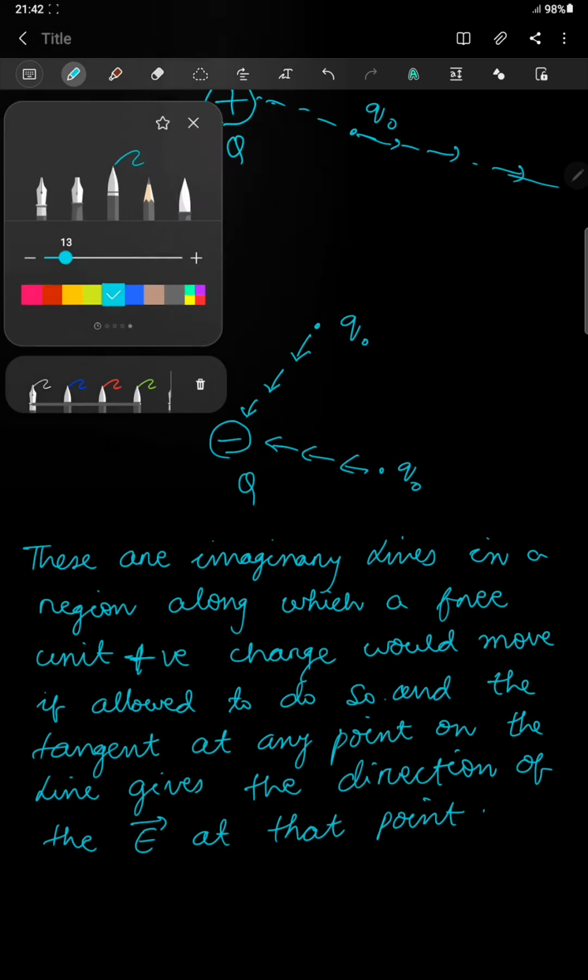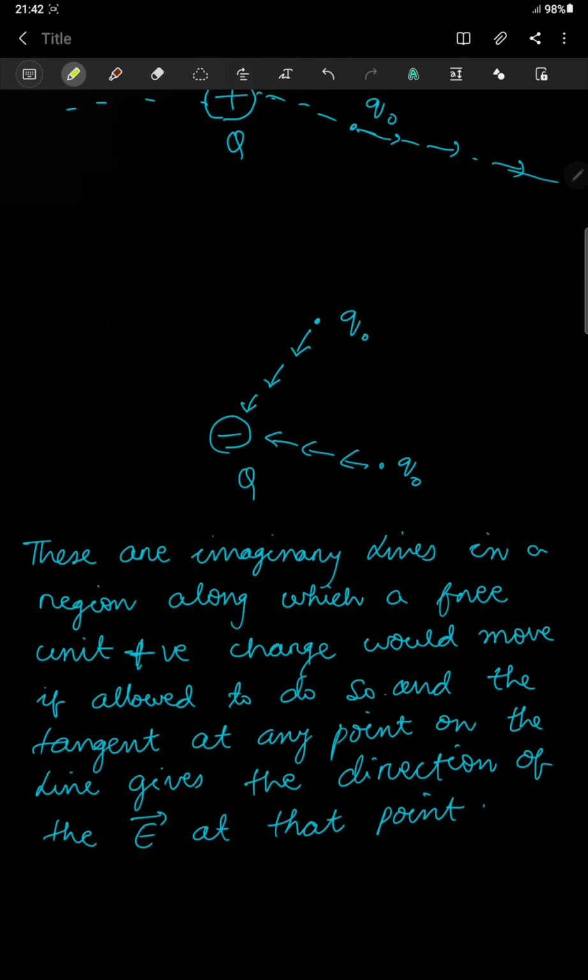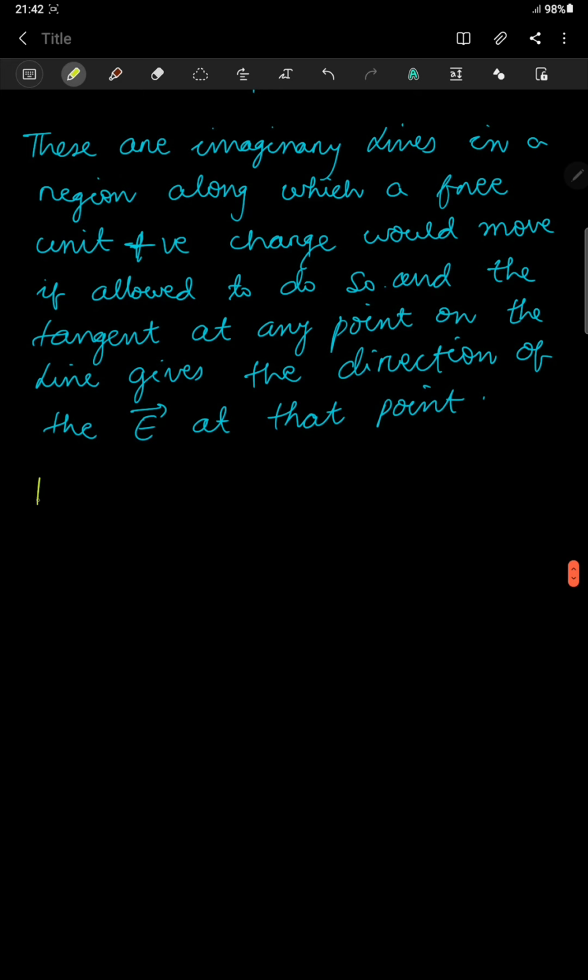Okay, now let us get into the properties. What all properties does it have? Okay, so let me give a heading. What are the properties of these electric field lines? So the first property I will tell.